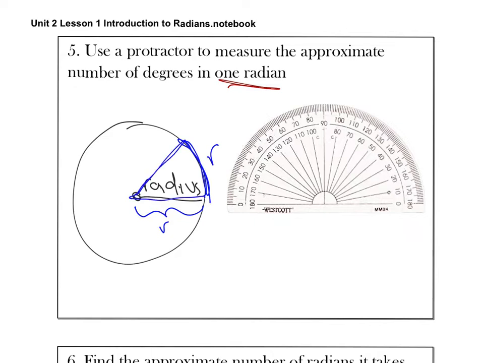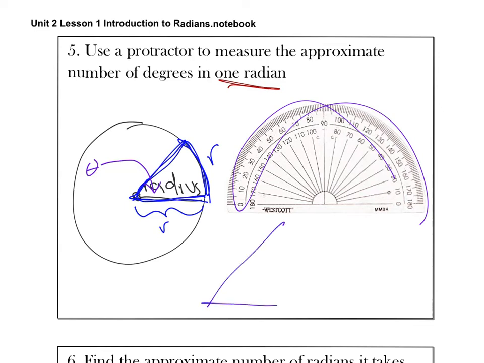Then I measure out that angle. How big is that angle? No matter what size circle I have, that's always going to equal 57 degrees.